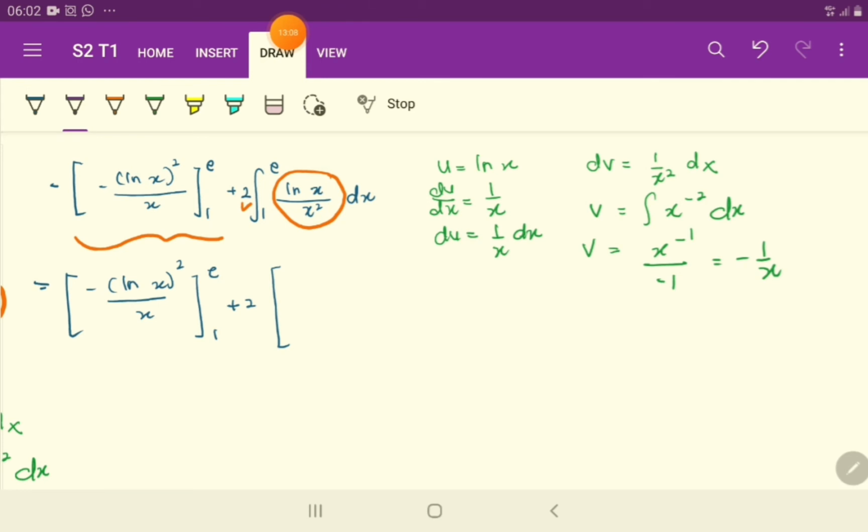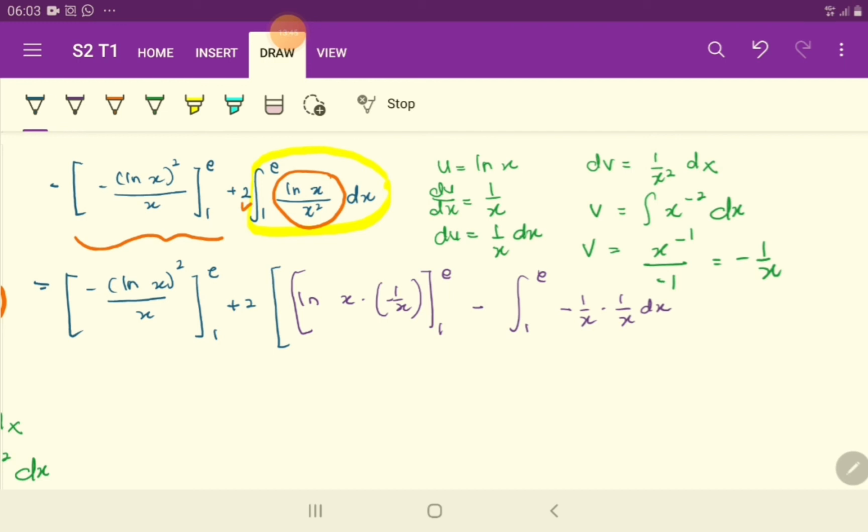Now this part over here we can apply the integration by parts formula. First we need uv, so ln x, for 1 until e, and then minus v du. v is equal to negative 1 over x, and du is 1 over x dx. Close bracket.